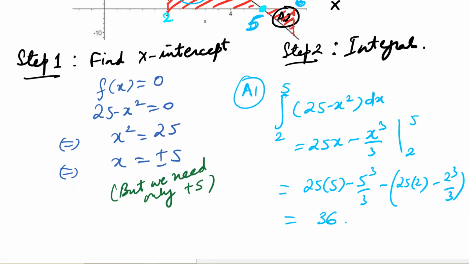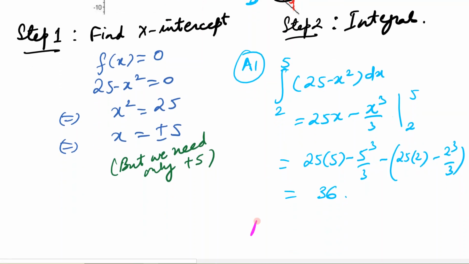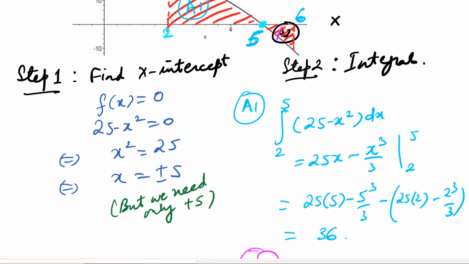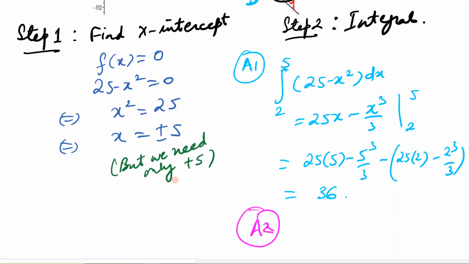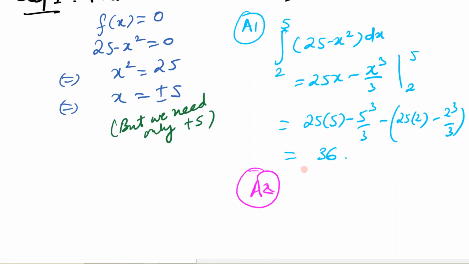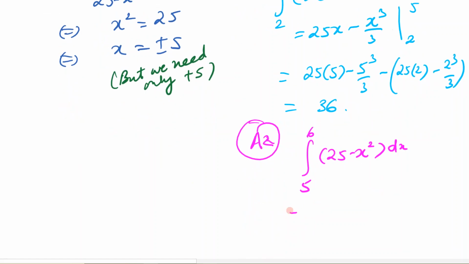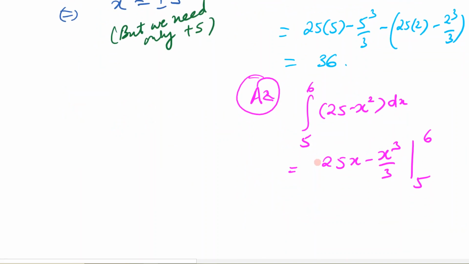Now we're going to figure out our second integral, which is the area below, so that is A2. That is going to be the integral from 5 to 6 of the same function. We know that the integral of this is 25x minus x cubed over 3, with limits from 5 to 6.